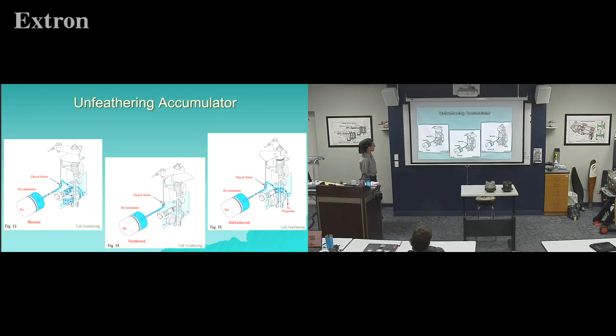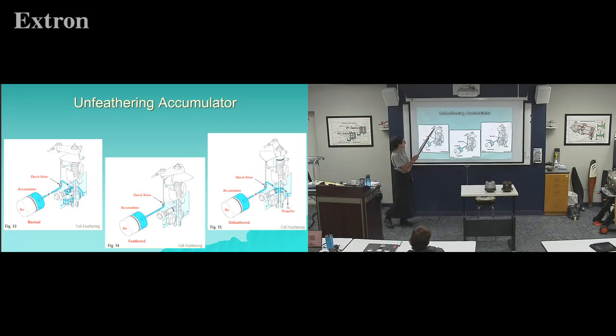So what happens is, as you're in normal operation, the oil is circulating through the accumulator. This check valve is allowing oil to come in and out, staying at the pressure the governor gear pump is pressurizing it to.